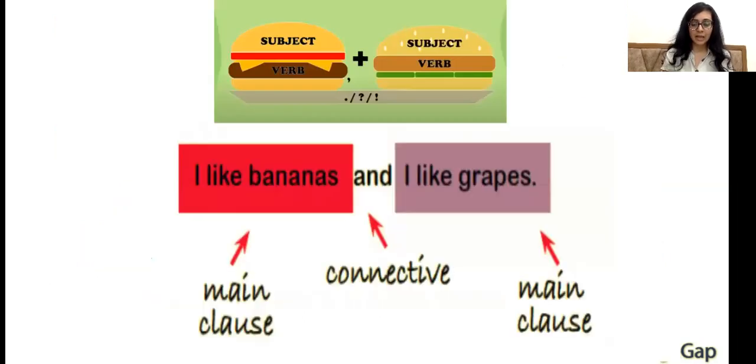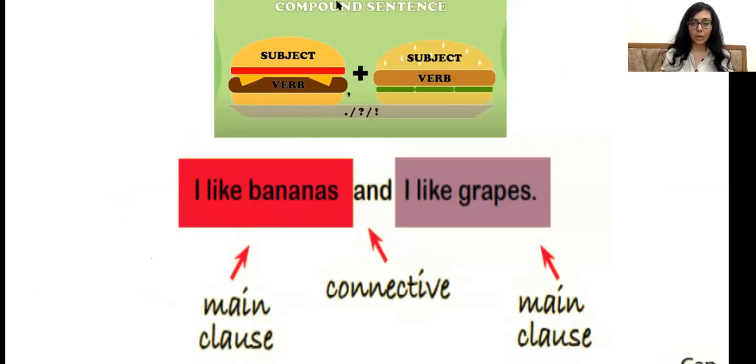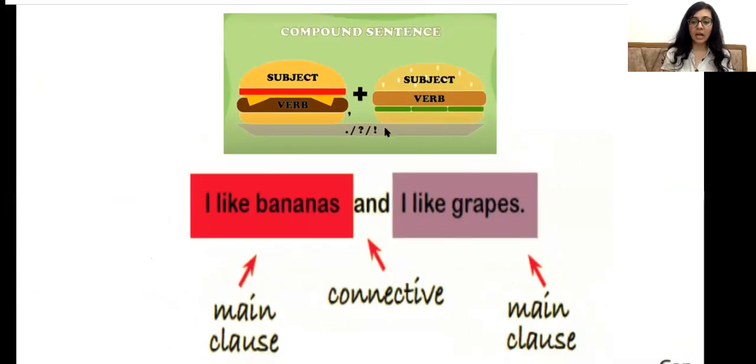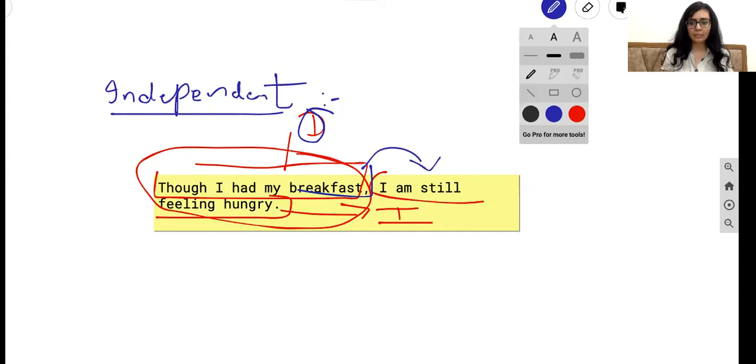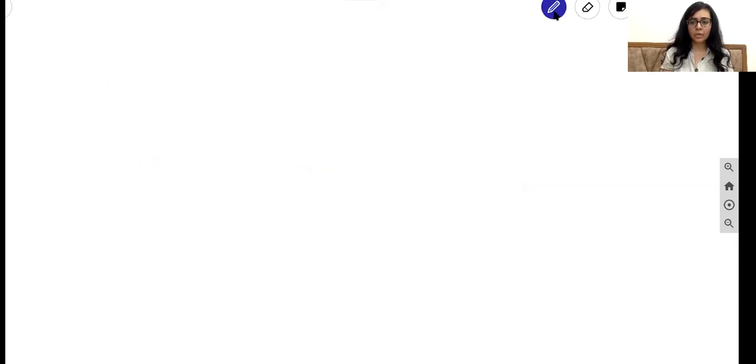Now, let's understand a different one. So now let's understand the compound sentence, or we can also say that they are coordinate, the term that we got to know previously. So, if I say I like pizza, it's a main clause, right? Why is it a main clause? I'm talking about myself, and I am talking about the verb.